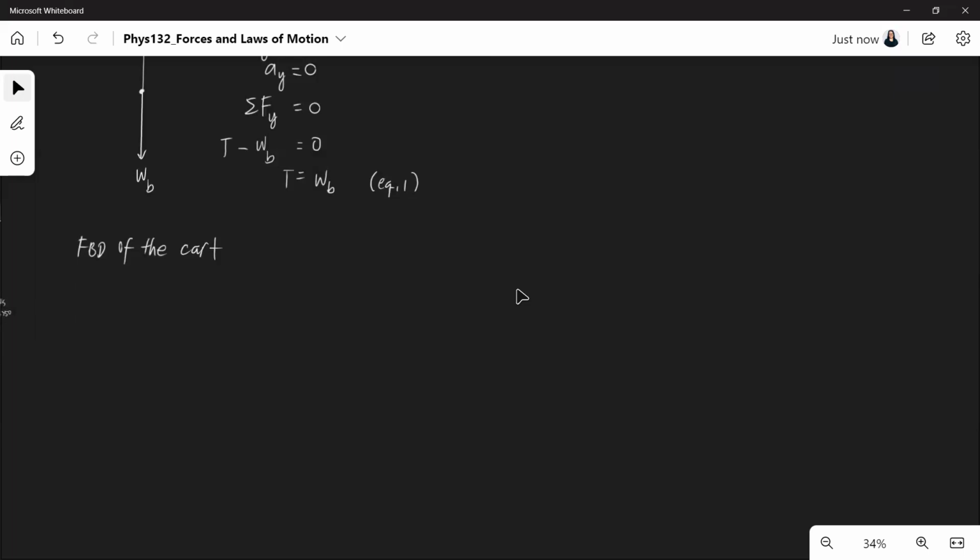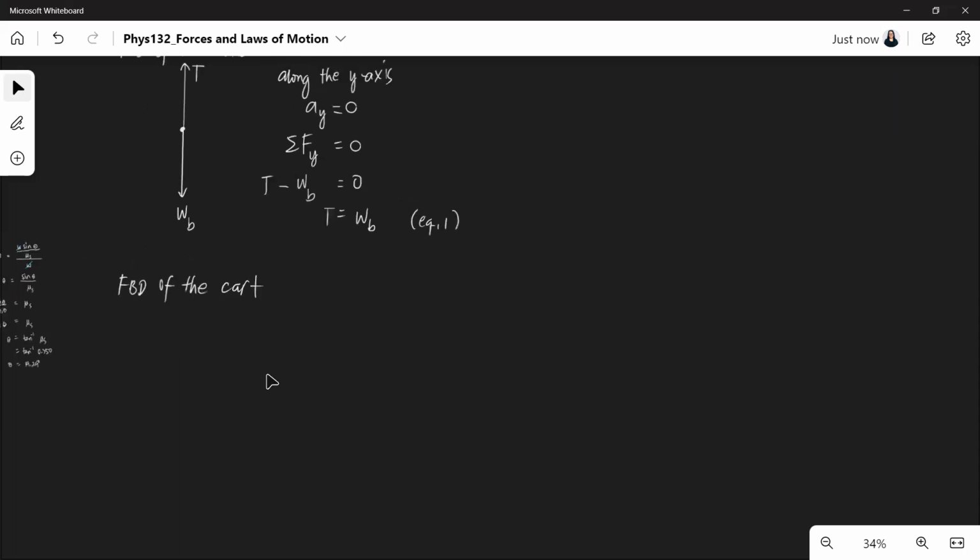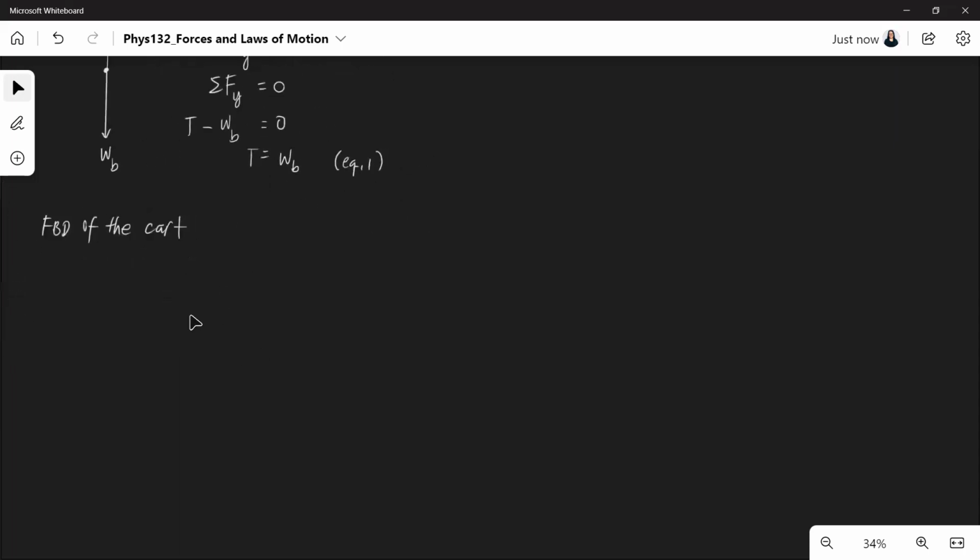And it's not directed away from the surface of the rail. Along the axis where the cart moves, that is where we can find the acceleration. Okay, so for the free body diagram, of course we start with the weight.